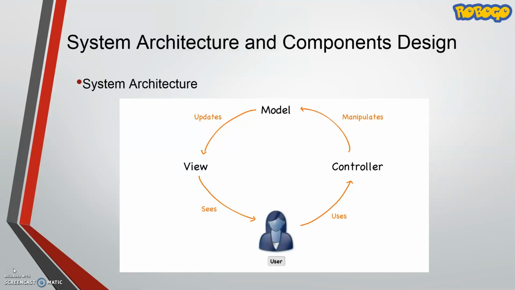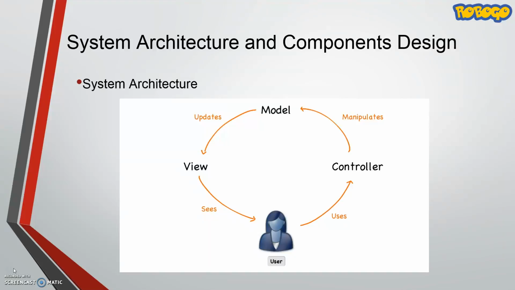When the user clicks on one, the controller accepts the input and forwards the request to the model. The model is where all the data manipulation and processing is done. Once processing is done, it updates the view, and the user sees a change in the view.